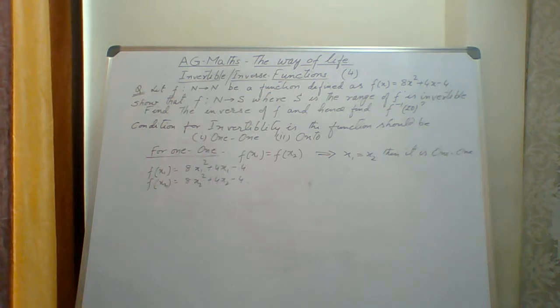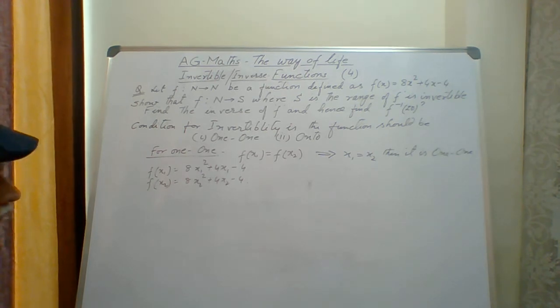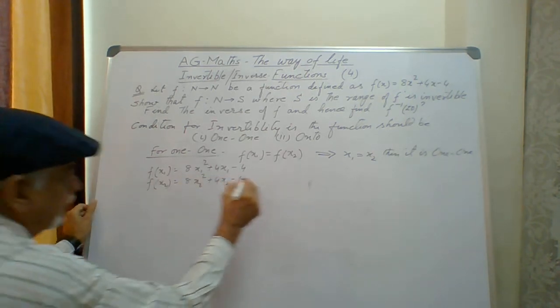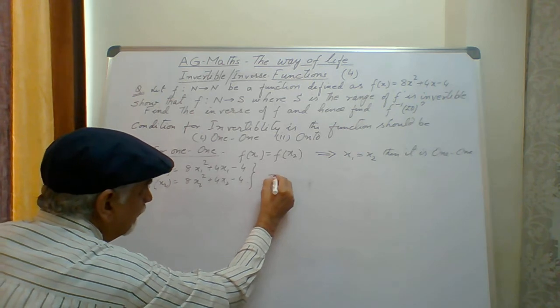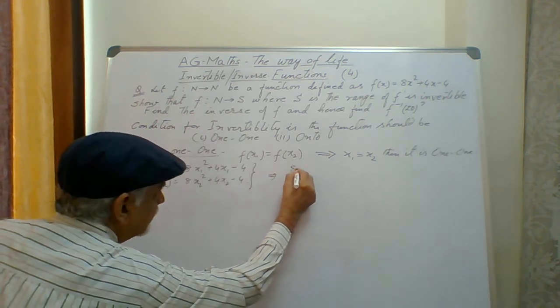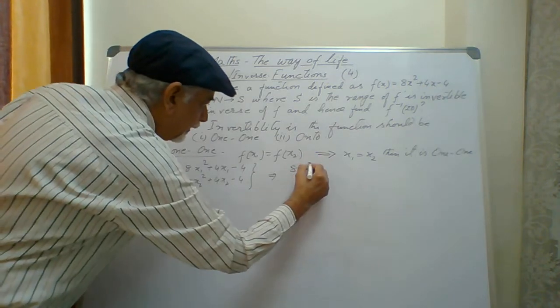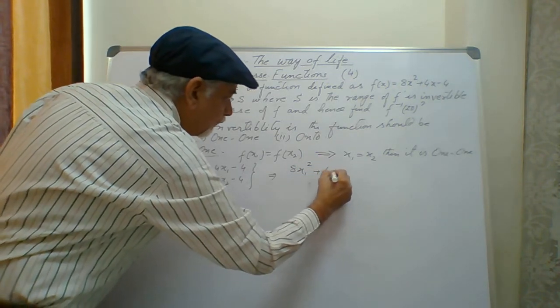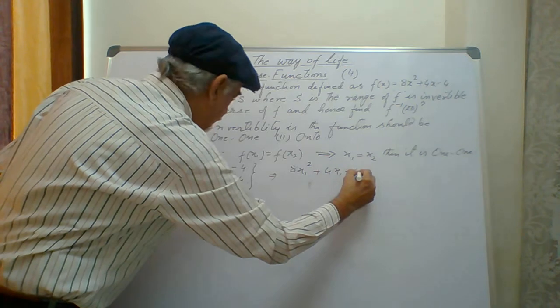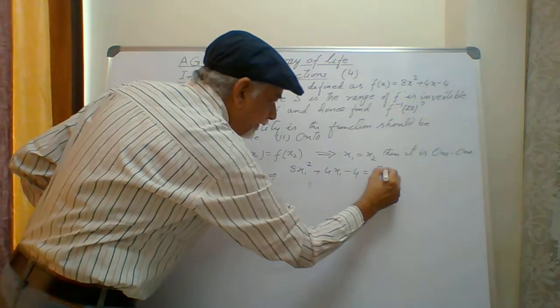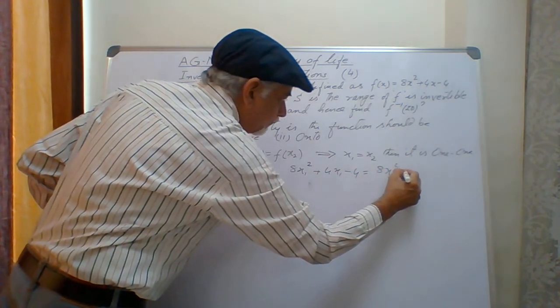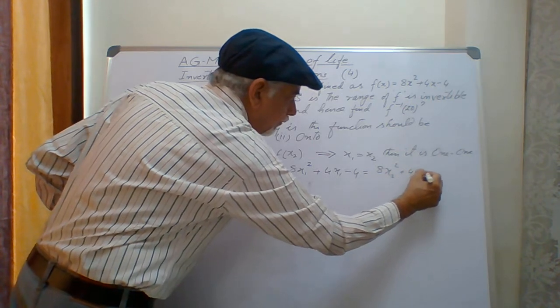Now we have to equate these two in order to find whether we get x1 equal to x2. So we get 8x1 square plus 4x1 minus 4 is equal to 8x2 square plus 4x2 minus 4.